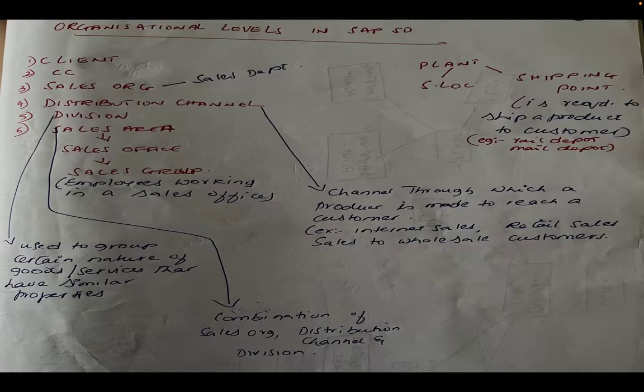And we also have plant, wherein we say the entire logistics activities, whatever we have, is taken care under the plant. Now, when you say logistics activities, it can be anything that is related to the movement of a material.